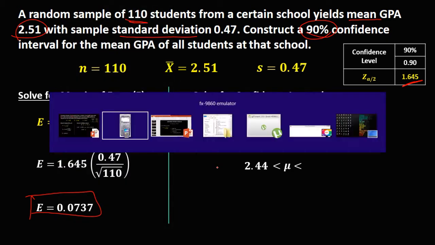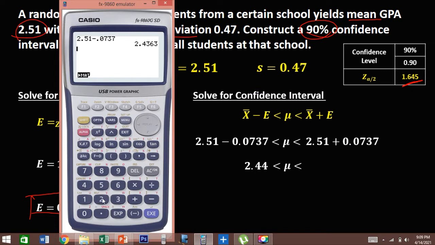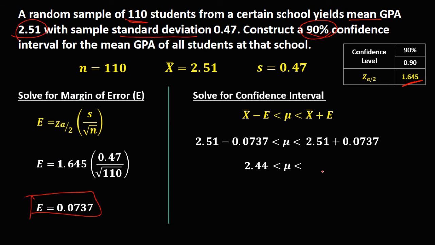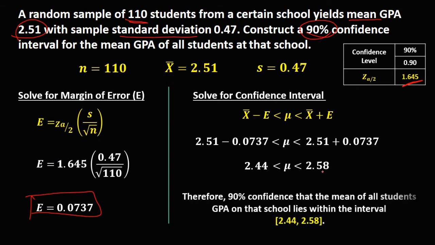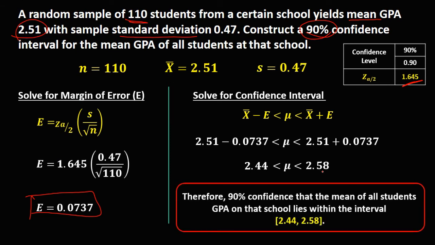Then for the upper boundary, 2.51 plus 0.0737 is 2.58. So therefore, 90% confident that the mean GPA of all students in that school lies within the interval 2.44 and 2.58.